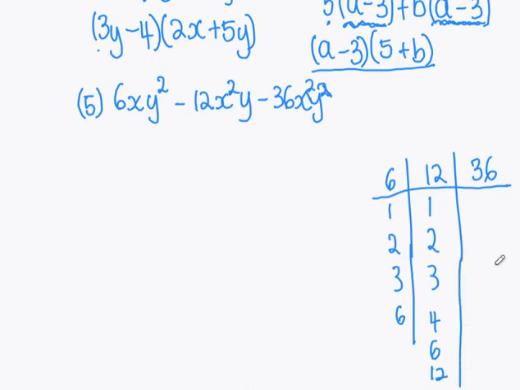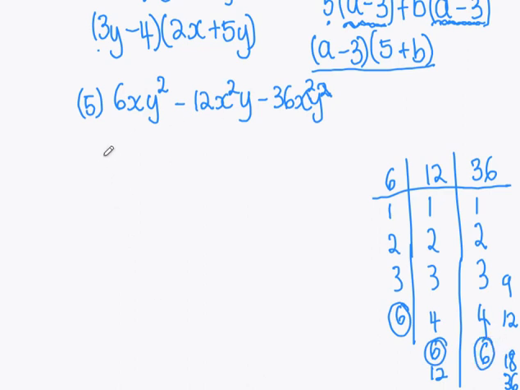And then factors of 36, we know that we have 1, 2, 3, 4, 6, 9, 12, I believe 18 as well, and 36. So the common one in those is the 6.